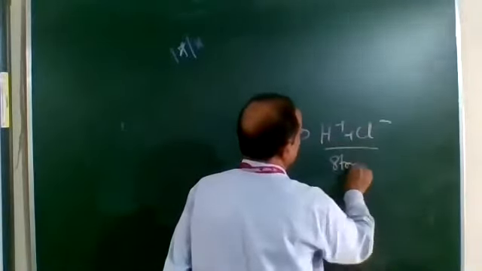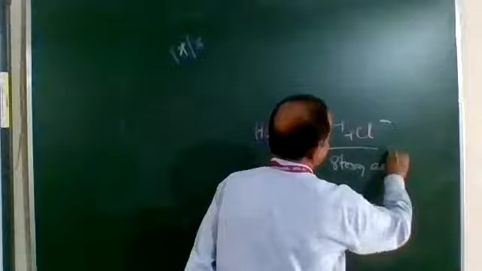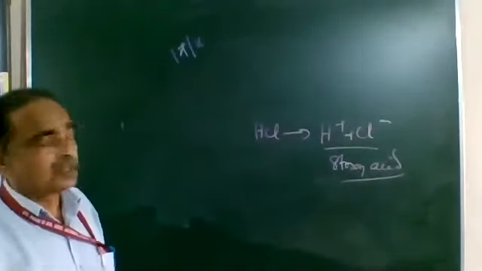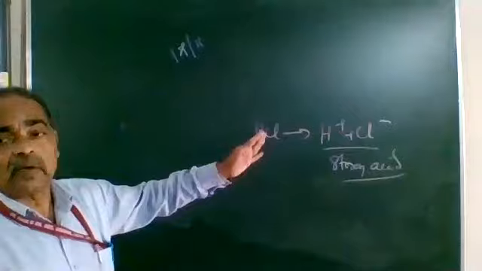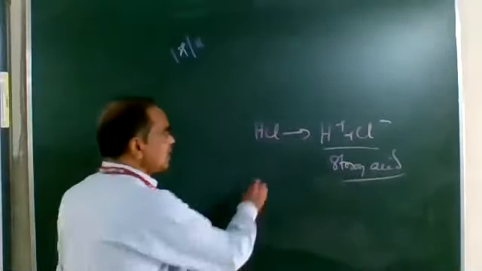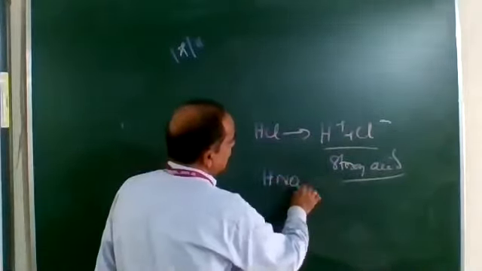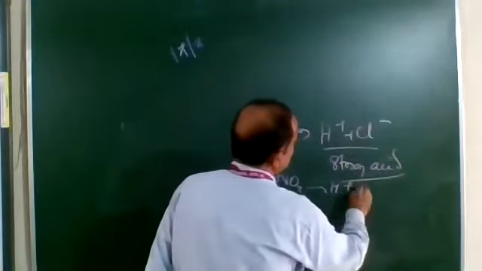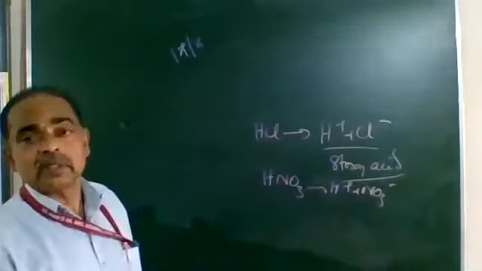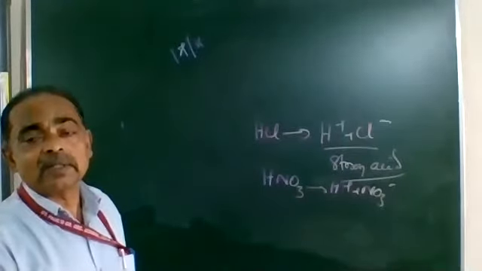So this is what is known as a strong acid. Strong acids are those which dissociate completely. So HCl is dissociated into H plus and Cl minus. That is a strong acid. Understood? HNO3 is also dissociated completely, so we will have H plus and NO3 minus. This is a strong acid. So any acid which dissociates completely into its ions is strong.